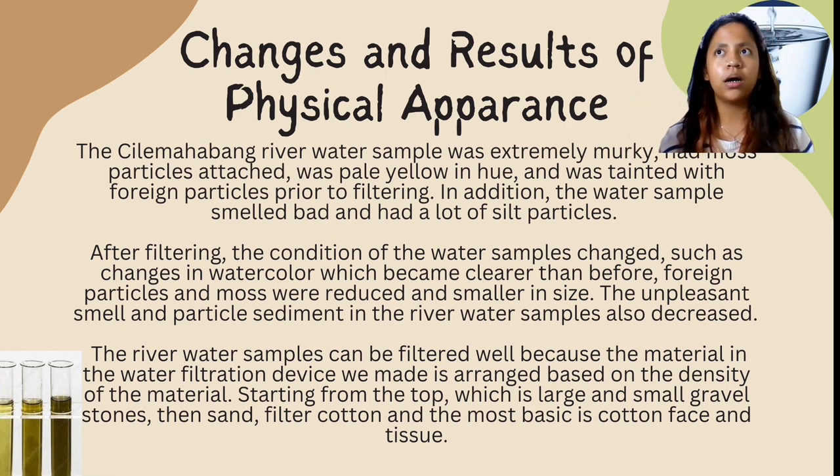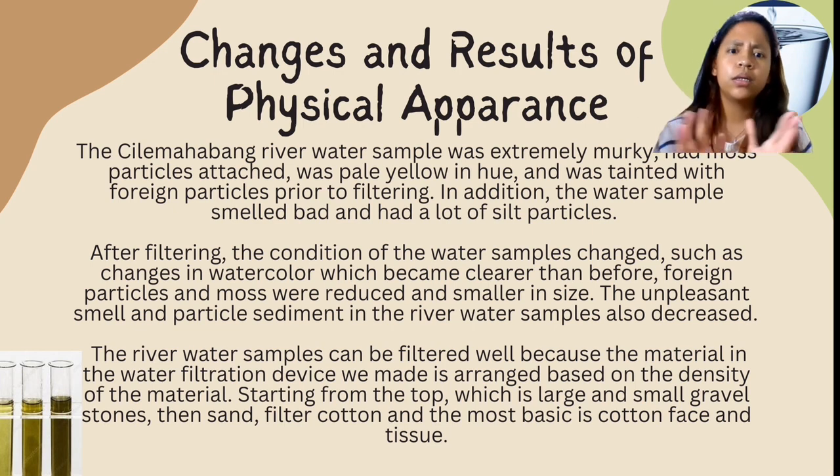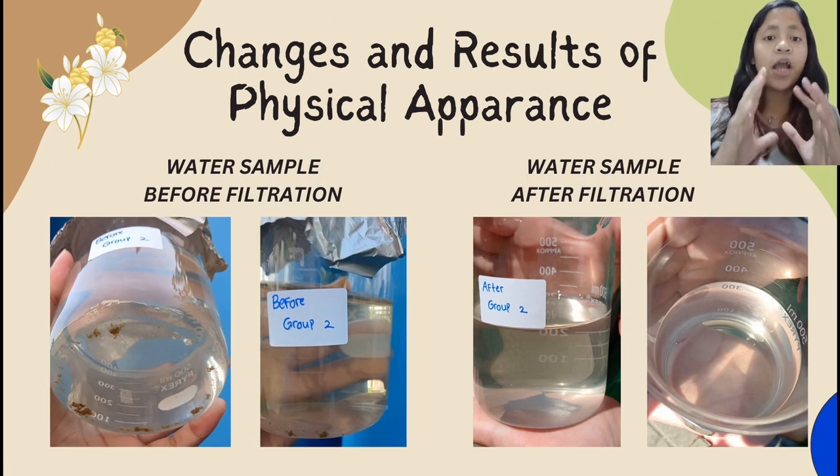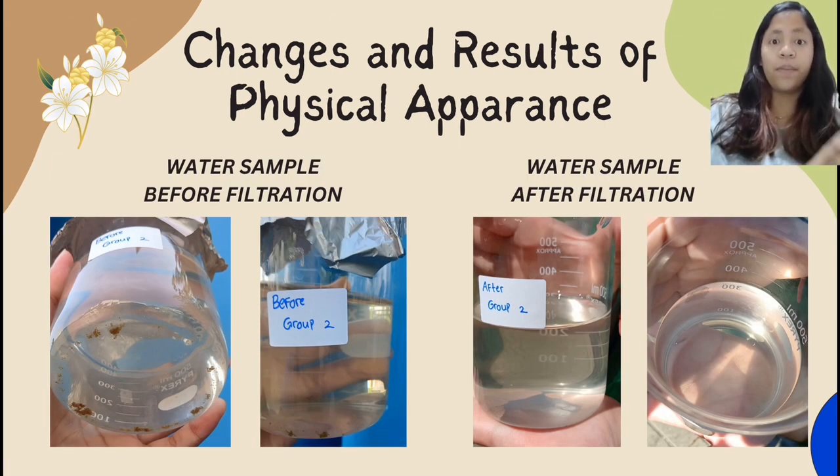The tissue paper has a small density, the sand is medium, and the rocks are the highest. So this is our result for the water sample before filtration.